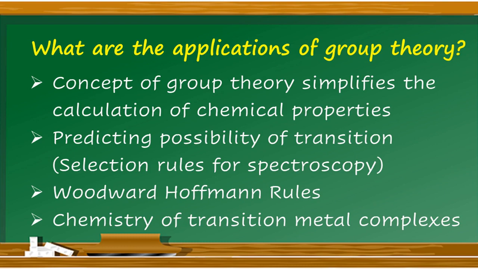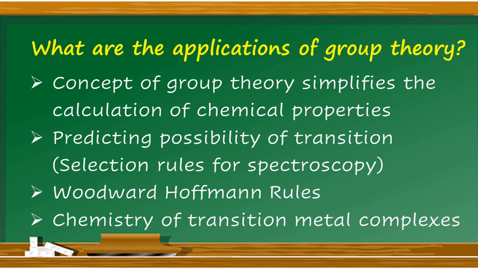The basis of this labeling actually comes from group theory, and it also provides qualitative information about the possibility of transition between these energy levels in terms of an integral known as the transition moment integral, about which we will learn in later classes. This leads to the formulation of a set of rules in spectroscopy called selection rules, which predict a transition from one energy level to another energy level.